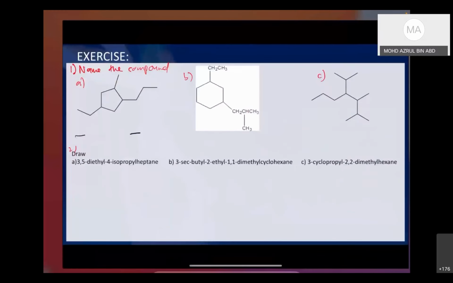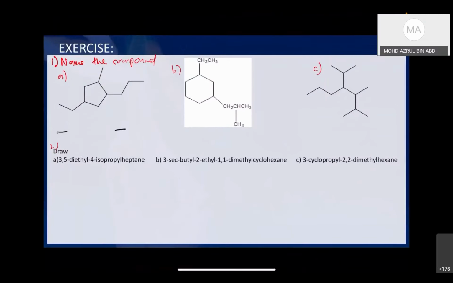Okay, compound number 1, so I want to try. 3 ethyl, 1 methyl, 5 propyl, cyclopentane. I haven't told you yet. 3 ethyl, 1 propyl.